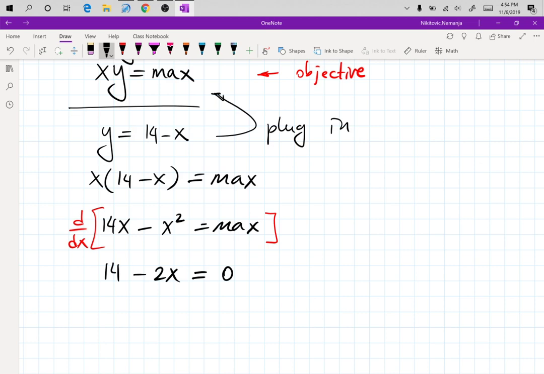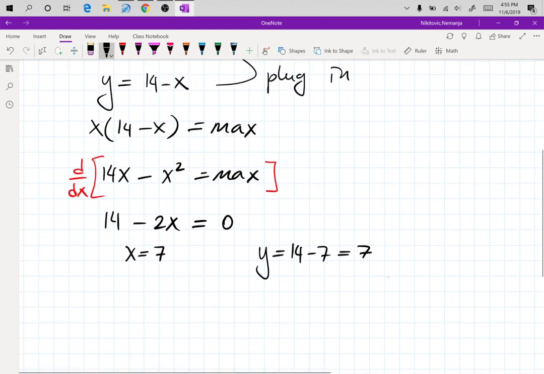Remember how in the first section we argued that min and max happen when you have horizontal tangency and the slope of a horizontal line is always 0? So we said set equal to 0. Over here, you don't even have to set it to 0. Derivative of max or derivative of min is 0 because min and max are some numbers. And from here, we quickly deduce that x is equal to 7. And now, y is equal to 14 minus 7, also 7. So the answer is x equals y equals 7.